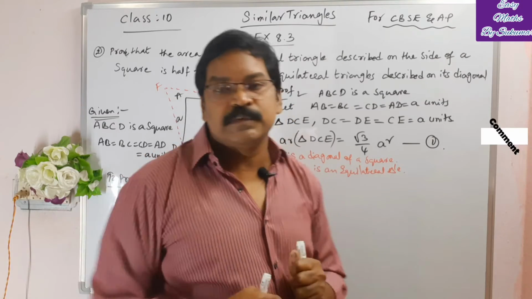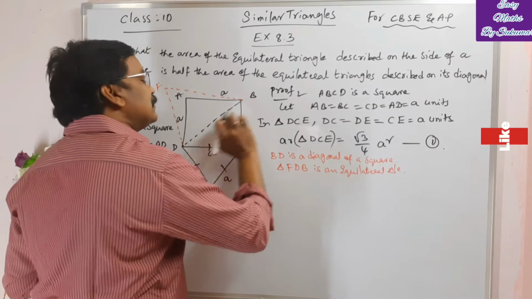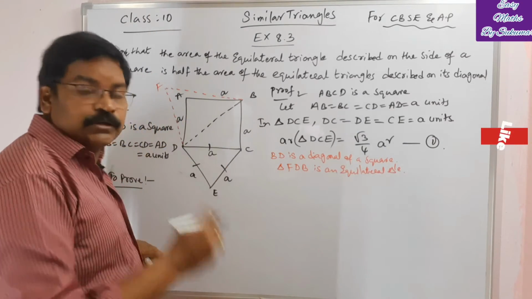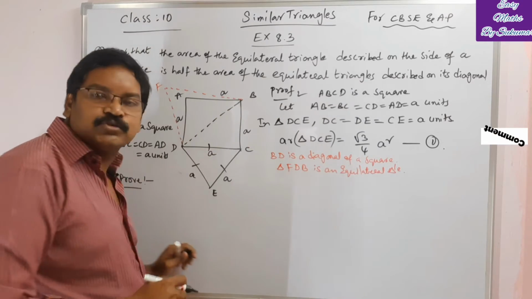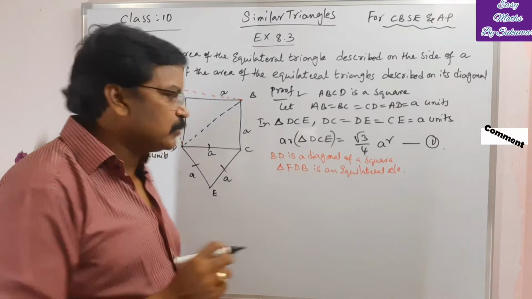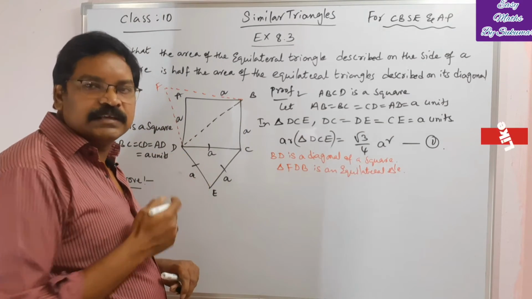The hypotenuse of the square ABCD, right? But do you know the length of this diagonal, my dear students? Do you know the length of the diagonal BD of this square ABCD?